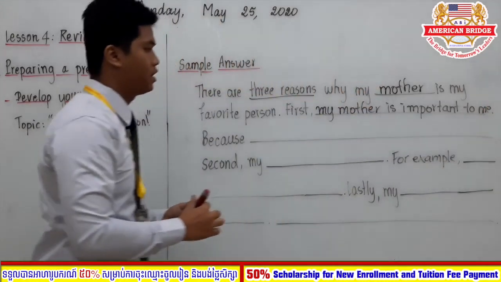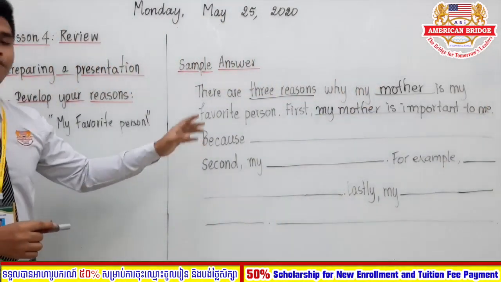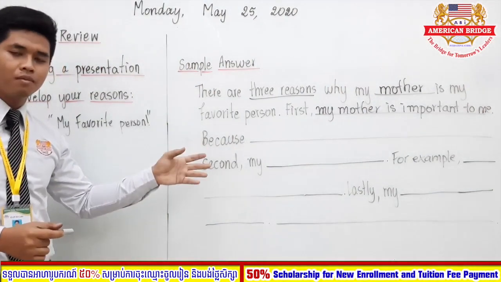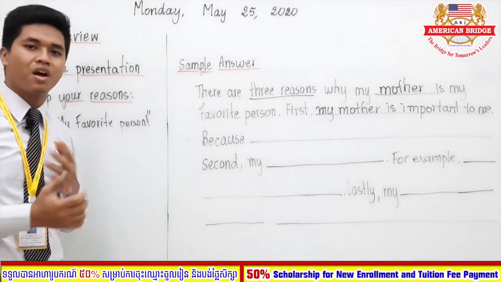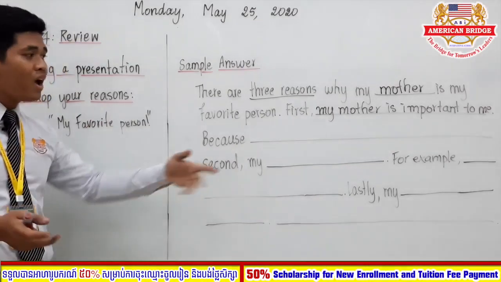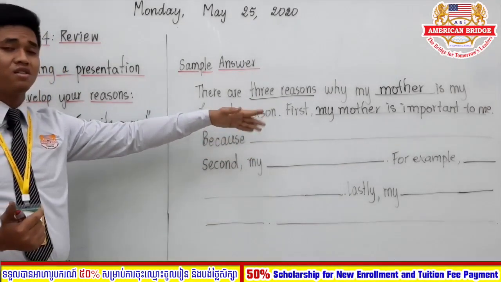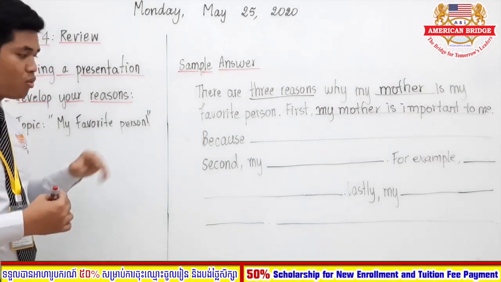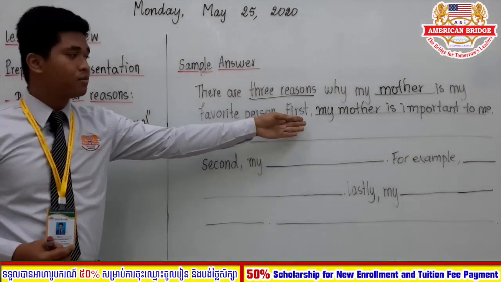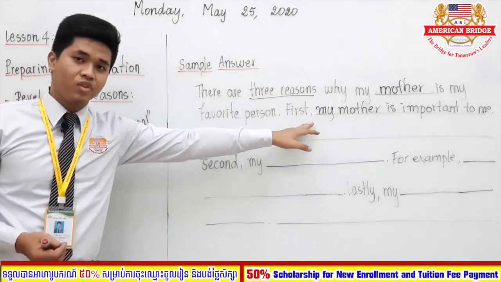This is the first reason. My mom, my mother, is the most important person in my life. Why do I say my mom is important to me? I need to give more detail, more reason, to support the first reason here.